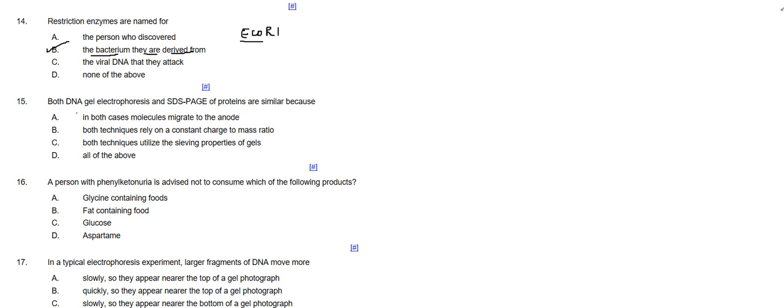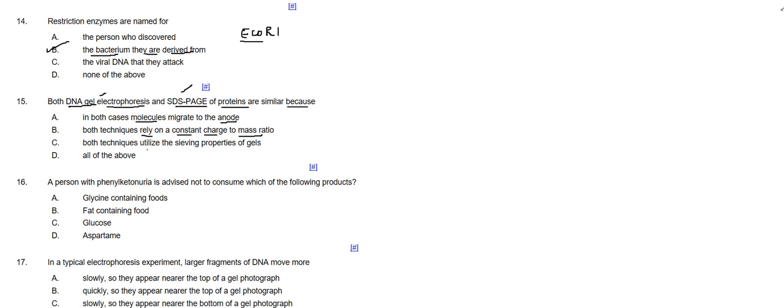Number 15, both DNA gel electrophoresis and SDS-PAGE of proteins are similar because. In both cases, molecules migrate to the anode. Both techniques rely on a constant charge to mass ratio.